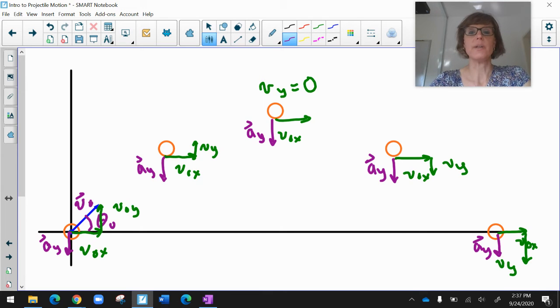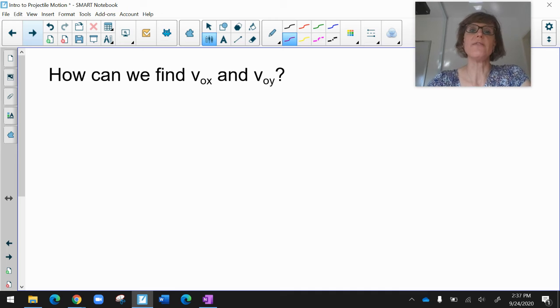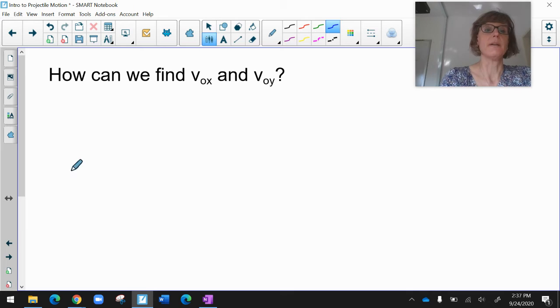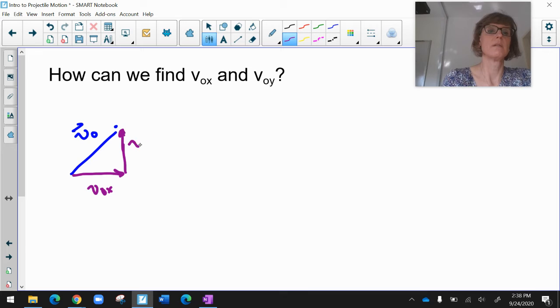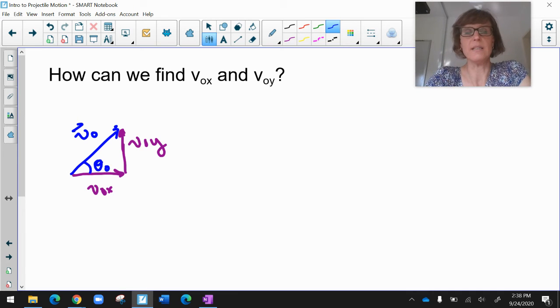So the last thing that I want to talk about is how we find V0x and V0y. So remember that I have my V0 here, and then I have V0x, V0y, and the angle between my original velocity vector V0 and the horizontal is theta 0. So we know that V0x and V0y are the components of V0.